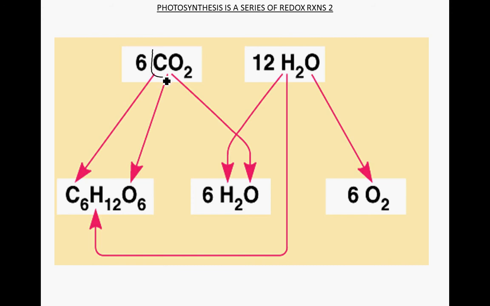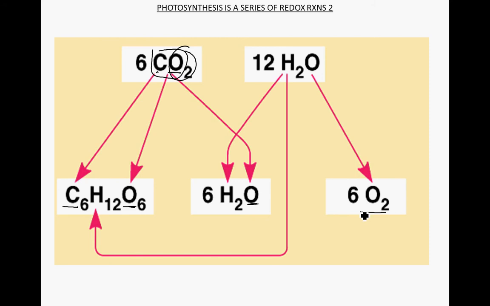So look, here's our carbon dioxide, right? And the carbon is going to end up as the carbon in the organics. This oxygen ends up as the oxygen in the organics. It also ends up as some of the oxygen in the water. But what I want to emphasize right here, right now, is that this O2 in CO2 is not the O2 that comes out of the light-dependent reactions.